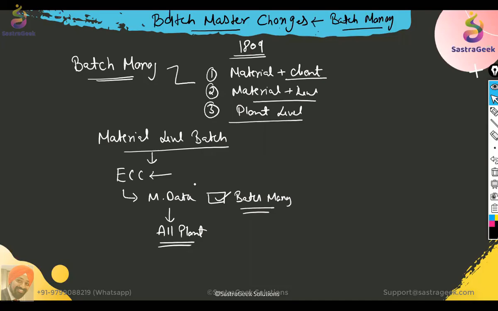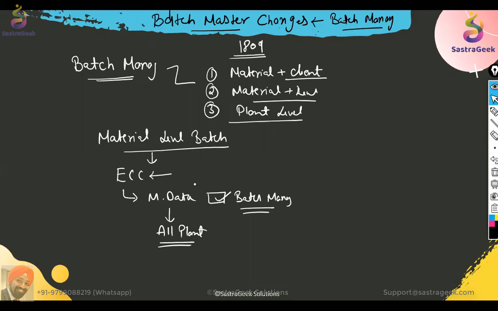Although I want a material level batch, at my distribution center that material should be there without batch managed. We have given that solution to some of the companies where we have created some kind of dummy batch. For the other plant, let's go ahead with the dummy batch. All the materials would be having a single batch number. So that kind of solutions we have given.